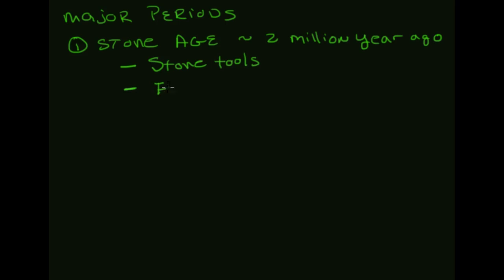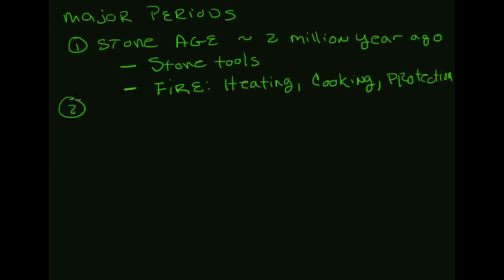We also had the ability to harness fire, and we used this for heating, for cooking, so that we could take food and make it healthier for us and easier to work with, and for protection, right? So if we had a fire, something was less likely to come along and try to eat us or hurt us in some way. So that was the Stone Age.